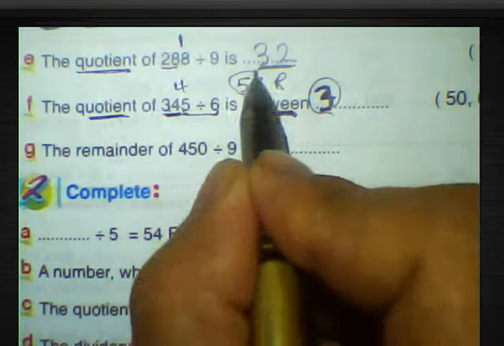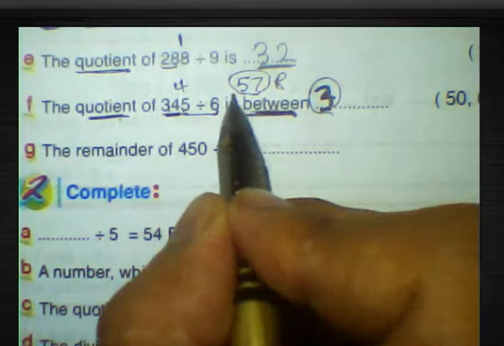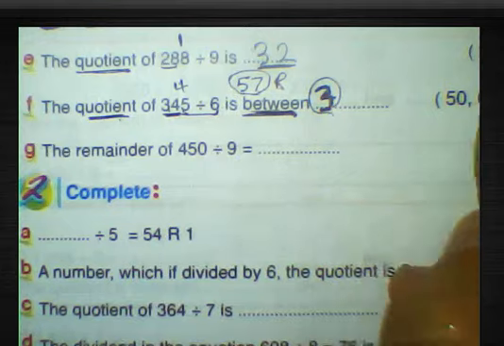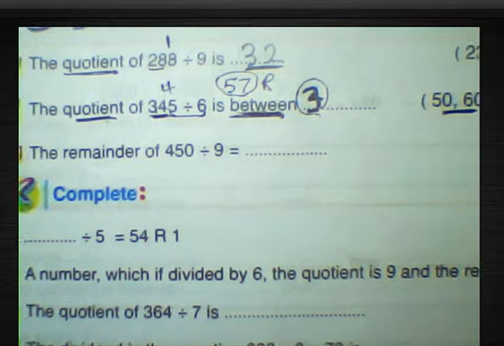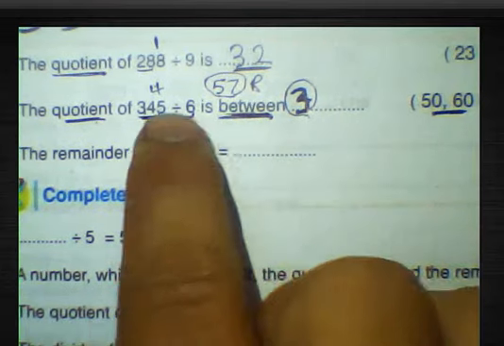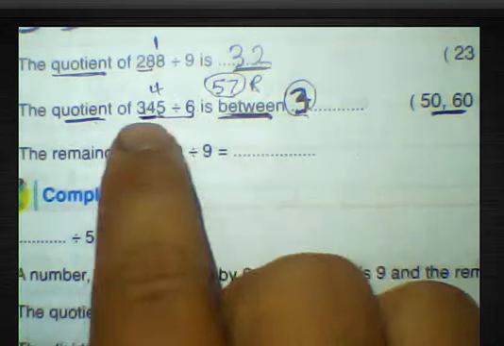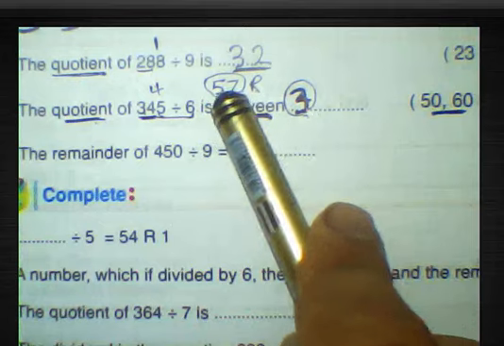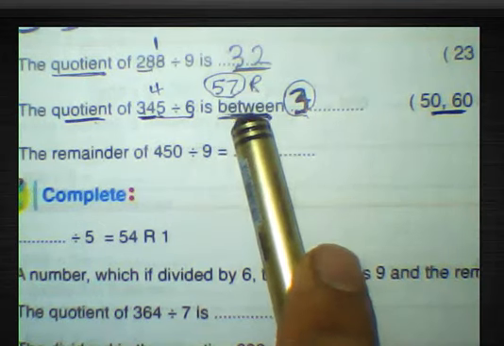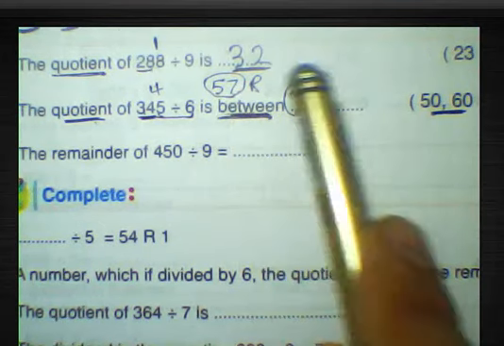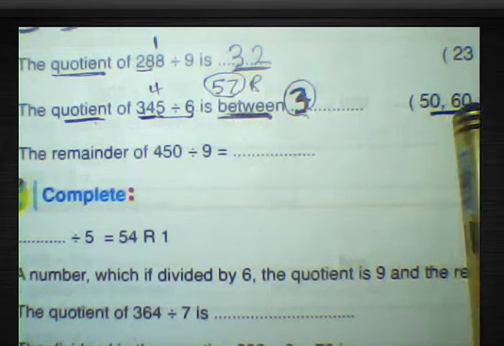This number, 57, lies between 50 and 60. The quotient is 57 and the remainder is 3. He asked about the quotient, and it lies between 50 and 60. Then we must choose 50 and 60.